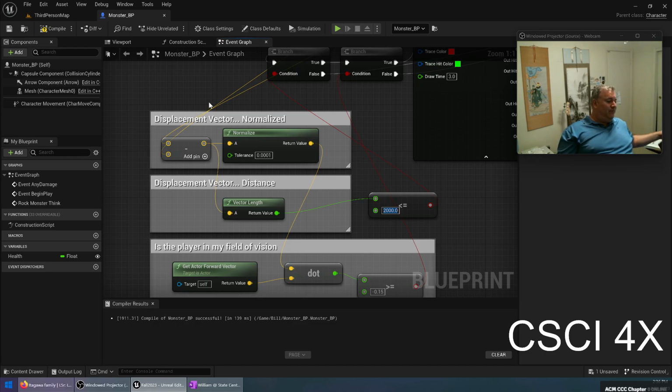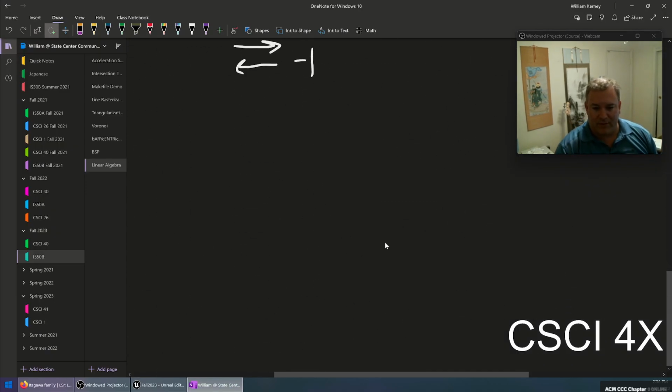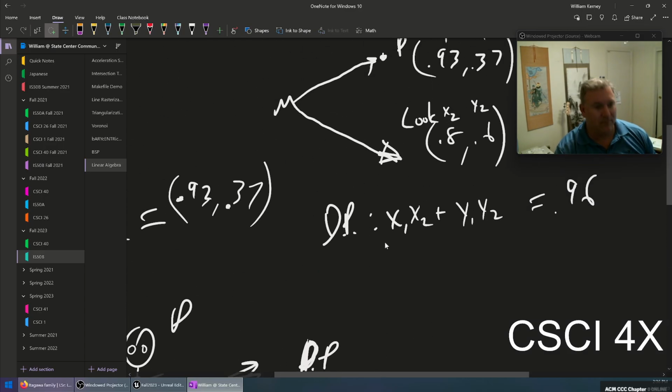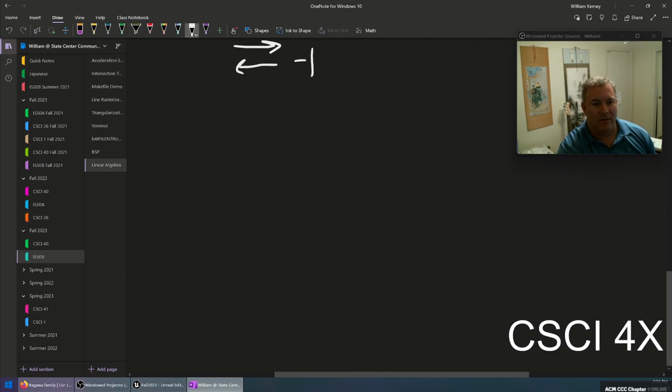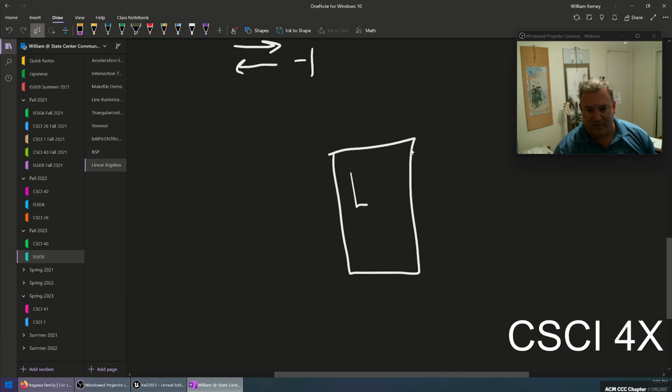If you're pointed the same way, that means the user is behind the vending machine. Let me draw that out for you. So if you've got a vending machine selling snacks, right? And the vending machine's looking this way.